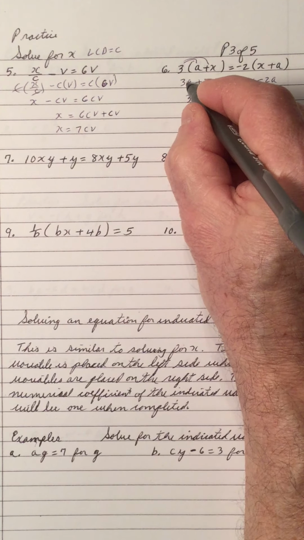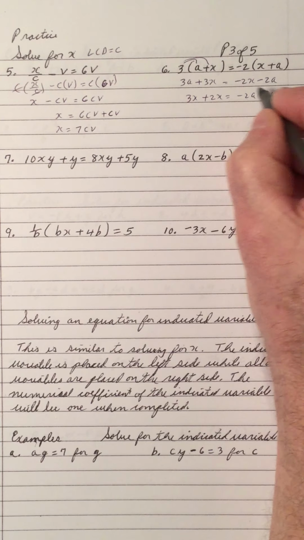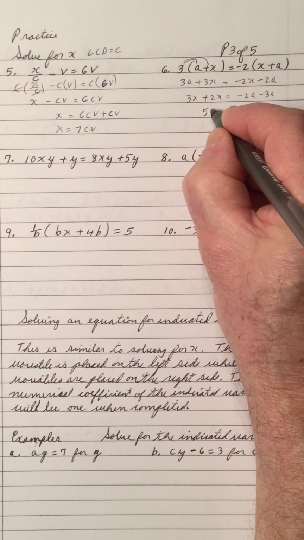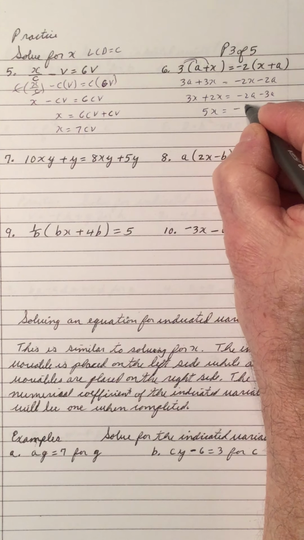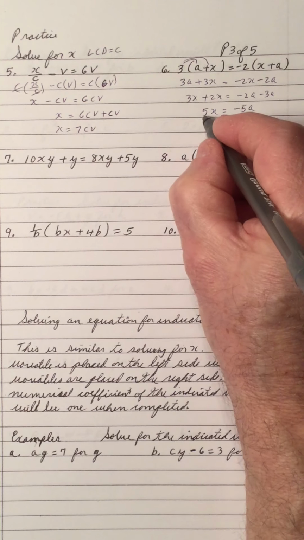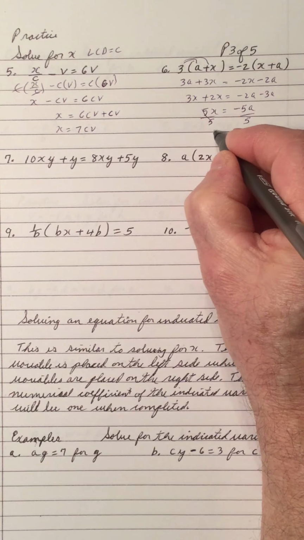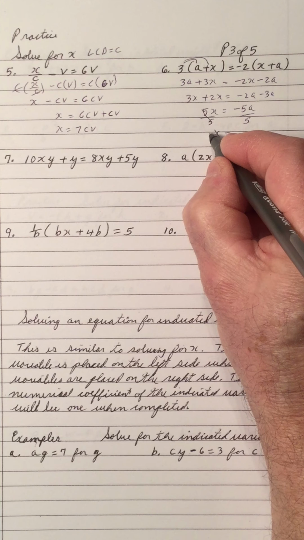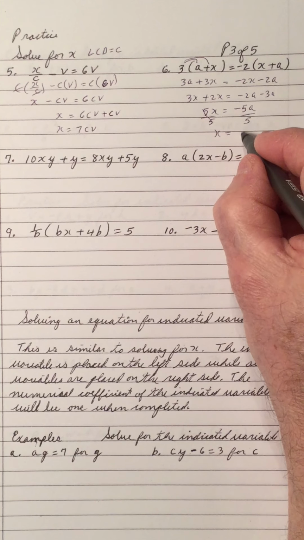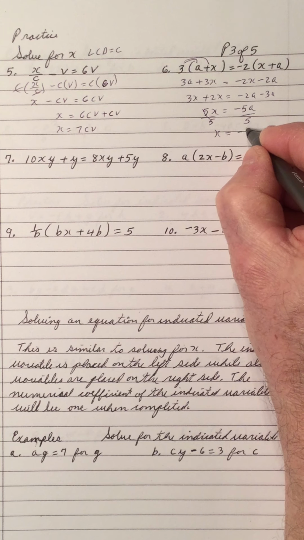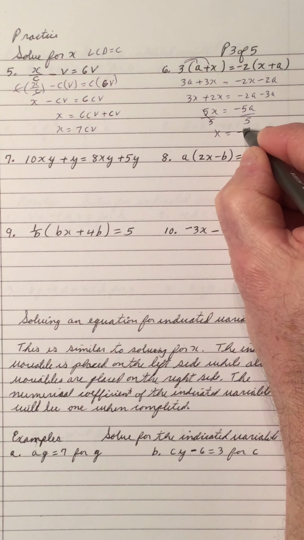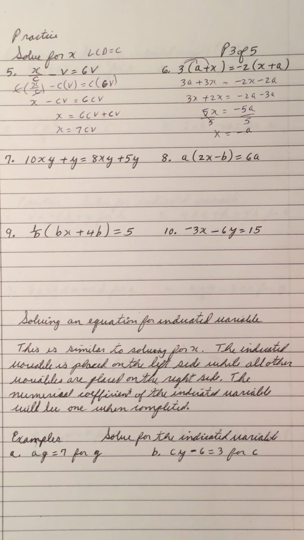And the 3a becomes negative 3a when we transpose. That's 5x equals negative 5a. And we divide by 5. Note, we want the coefficient of the x to be 1. So 5 into 5 goes 1, and 5 into negative 5a is negative a, with the negative 1 understood.